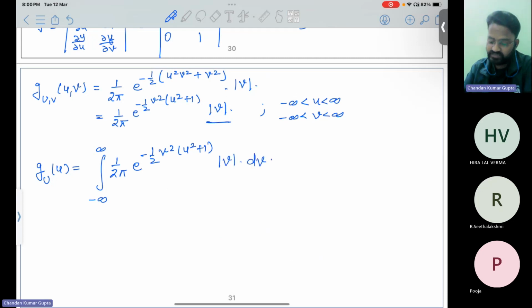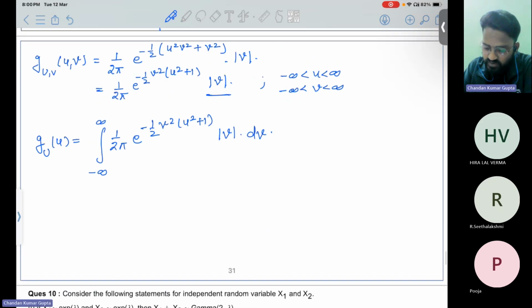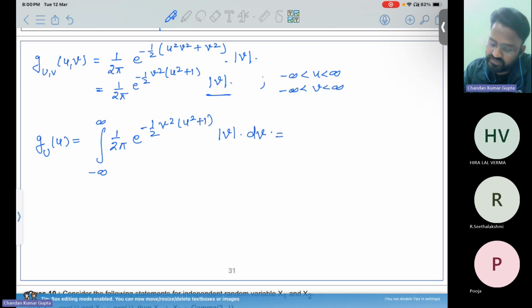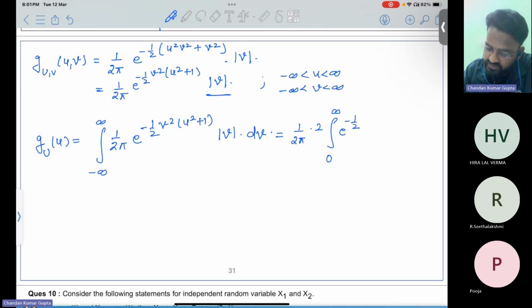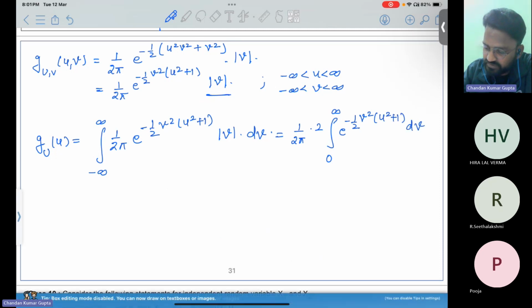Since v square is positive and mod v always gives a positive quantity, it is an even function, and the integration of an even function means we may write 1 upon 2 pi, 2 times the integral from 0 to infinity of e to the power minus 1 by 2 v square, u square plus 1, dv.